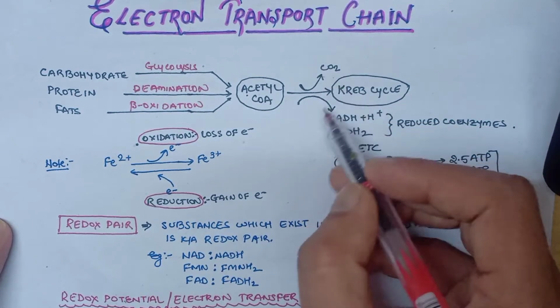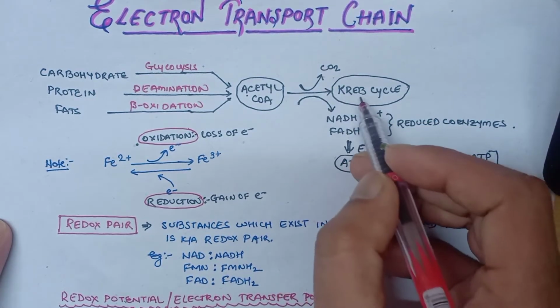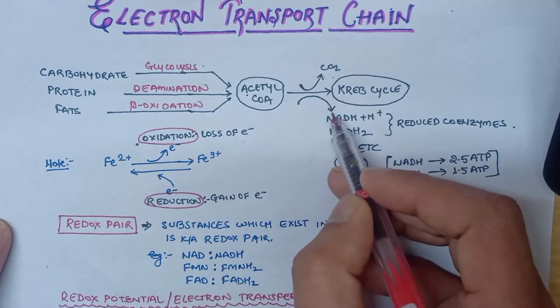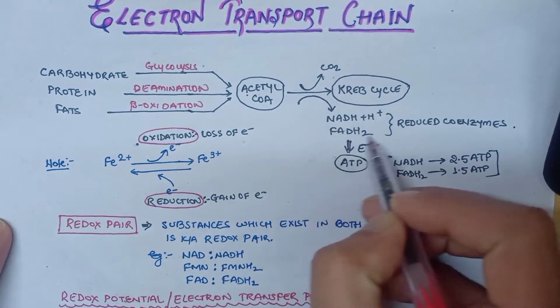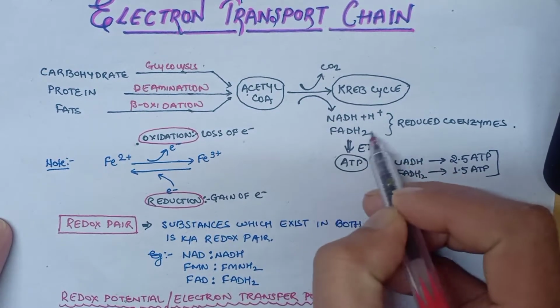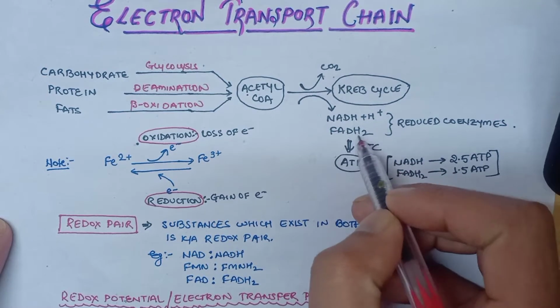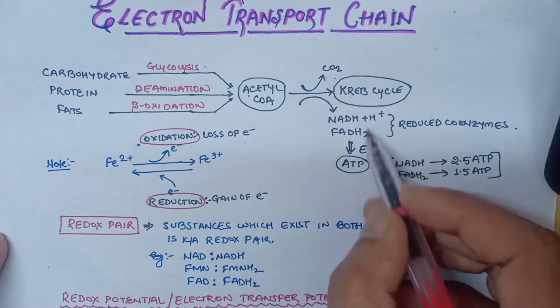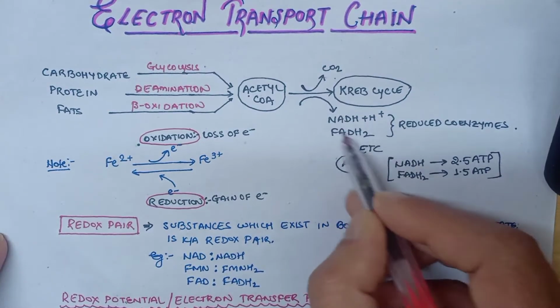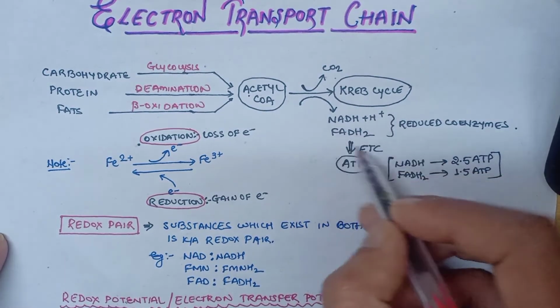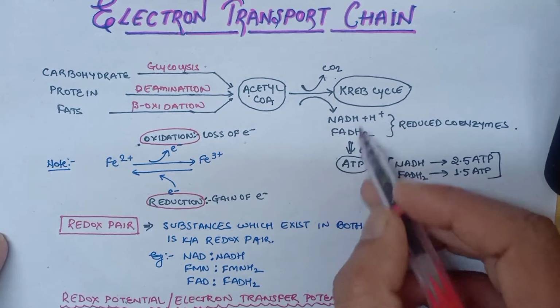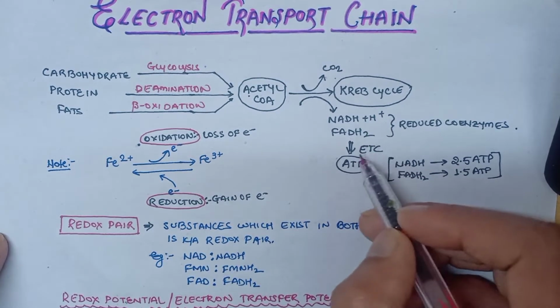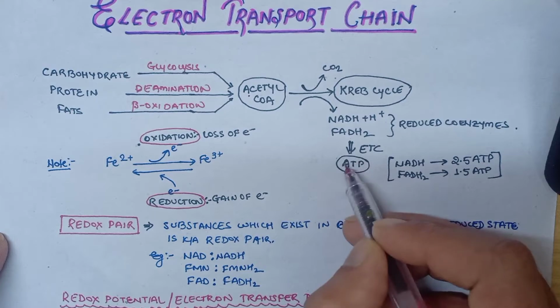During the Krebs cycle, there is production of reduced coenzymes like NADH plus H plus and FADH2. These are high energy molecules, and they are the electron carriers, and they will enter the electron transport chain and will result in ATP synthesis.